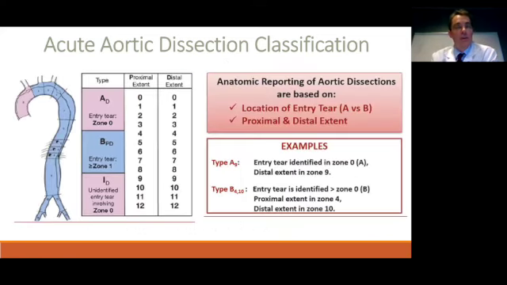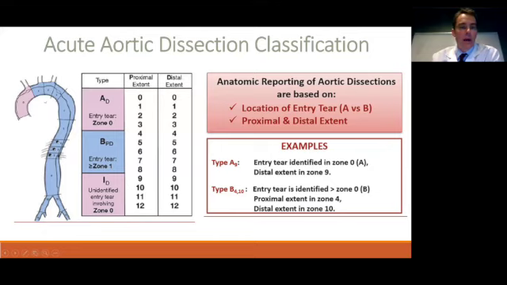The world is changing quickly, though. So this is how we think about dissections now, and this will probably continue to advance. This was a collaboration between the two major surgical societies that deal with aortic pathology, the Vascular Surgery Society and the Society for Thoracic Surgeons. What we're looking at here is, instead of the aorta being divided into an A and then an area that wasn't ever really particularly defined, and then a B, which was after the subclavian artery, it's now broken down into 12 zones.